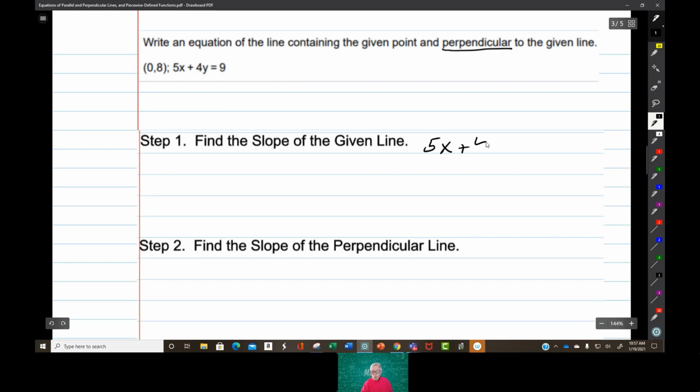5x plus 4y equals positive 9. It's really easier to do it that way. Then I'm going to subtract 5x from both sides of the equation. Didn't have to do that. I'm trying to train myself to not always add and subtract vertically.